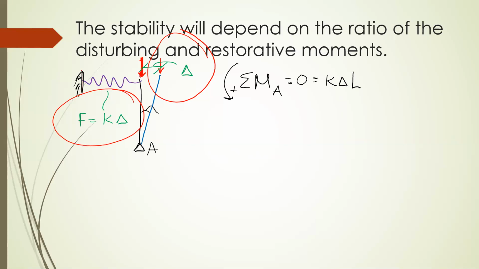Now let's assume that this is a small angle, so small theta. If that's the case, what is delta equal to? Is it theta? Or is it L theta?